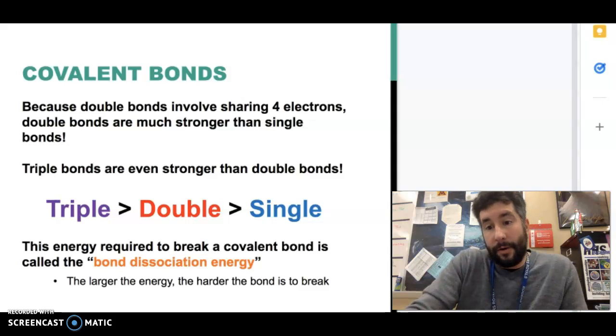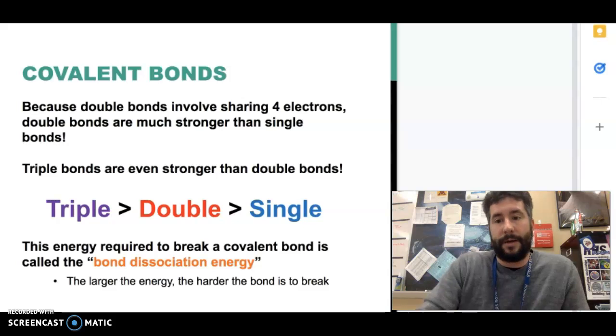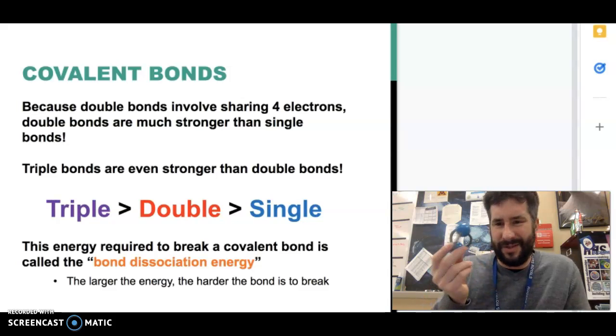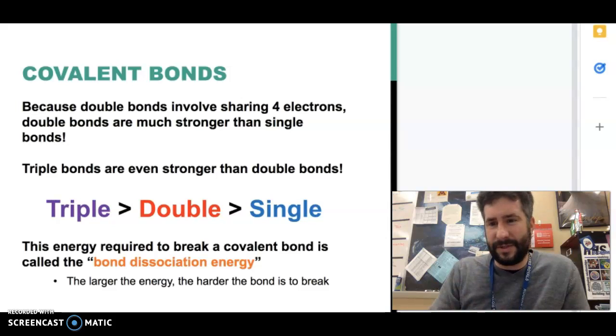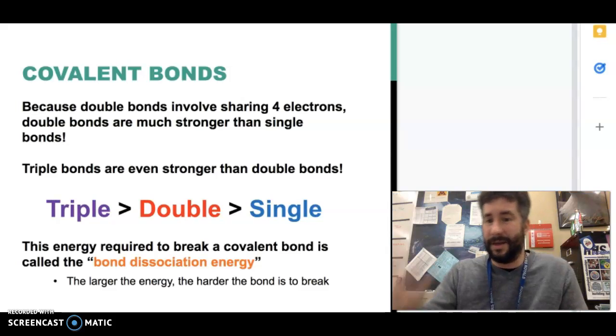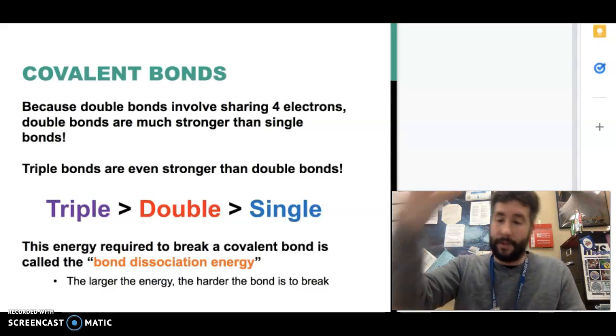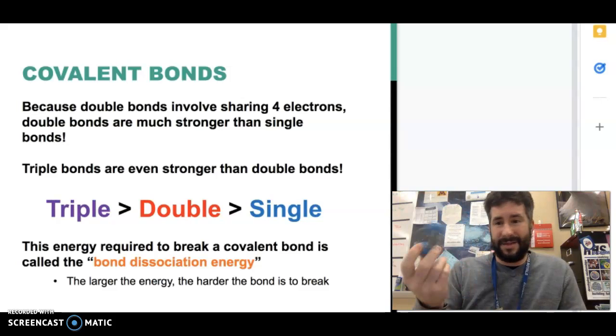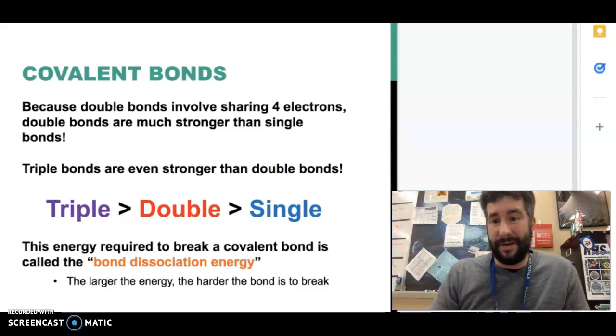A triple bond is stronger than a double bond, which is stronger than a single bond, which is why nitrogen is a really stable molecule. It's most of what's in the air, and it's really pretty non-reactive. We don't think about breathing nitrogen very often because it doesn't do anything. It just goes in, comes back out, because it's got a really strong bond and it's not very reactive.